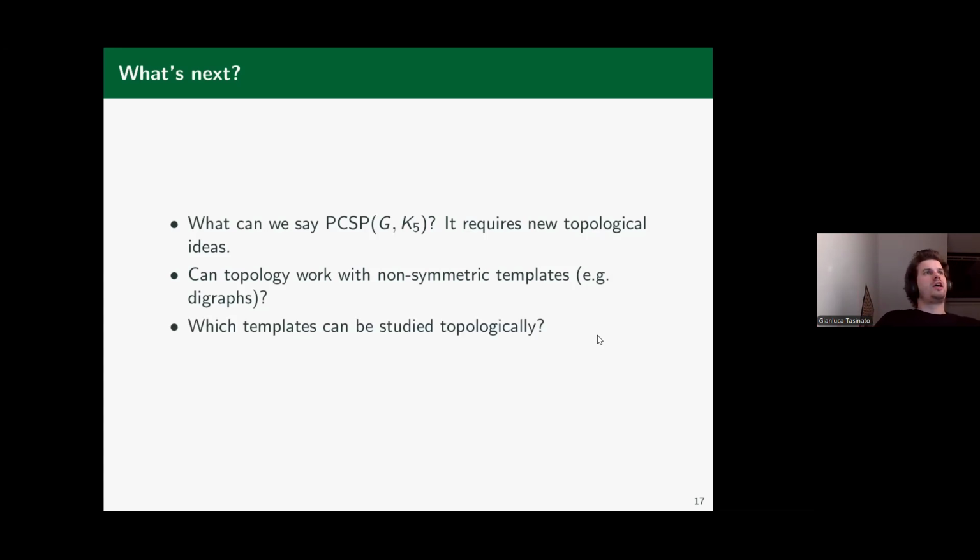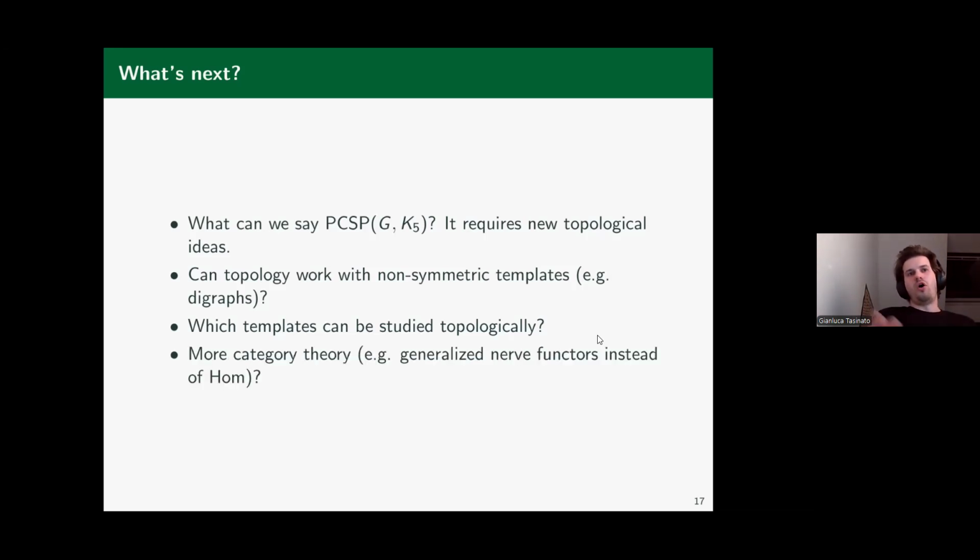More generally, what kind of templates, not only pairs of graphs but also more general relational structures, for more general promise constraint satisfaction, can be studied topologically? And all these constructions are actually categorical in nature.